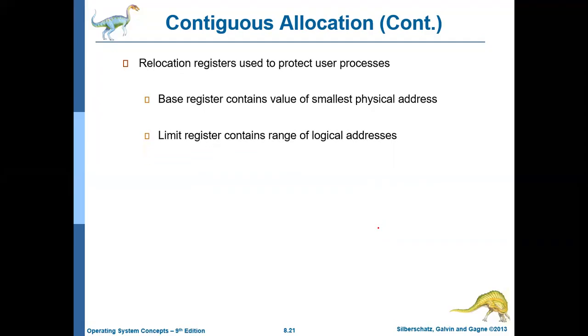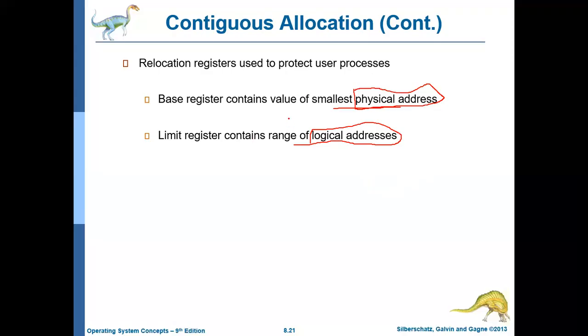As we have already discussed, the base register contains the smallest value of the physical address, that is, the actual starting address from where this process is located in the memory.